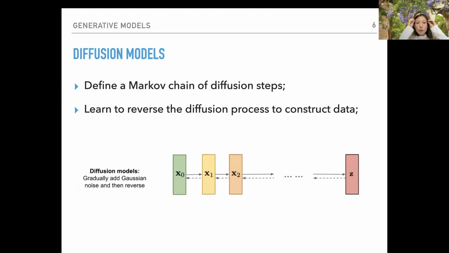So here is the diffusion model. It defines a Markov chain of diffusion process, which gradually adds Gaussian noise, and then it learns to reverse the diffusion process to construct desirable data samples from the noise. Unlike VAE, the diffusion models are learned with a fixed procedure, and the latent variable has high dimension.